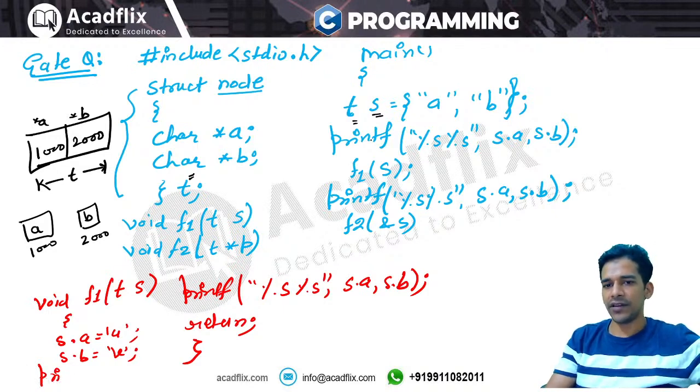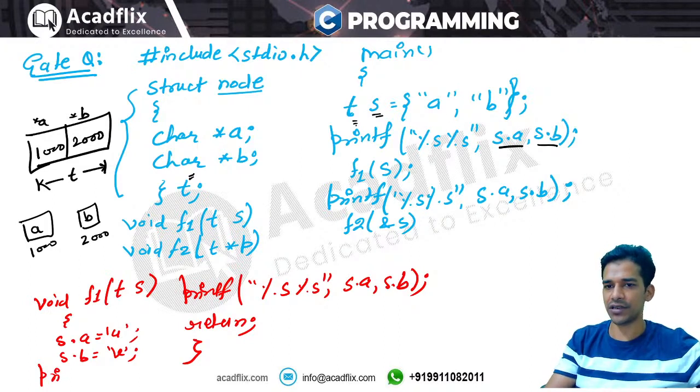After that, inside the main function we said printf percent s s.a s.b. That means the member a of the structure s is having the address 1000 and the string stored at this particular address is a. So this will print ab.